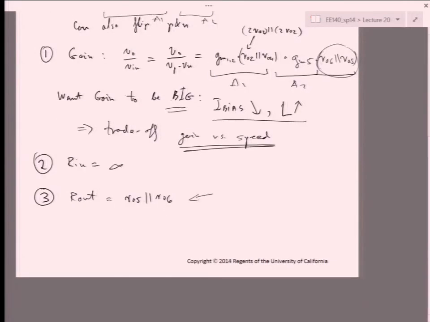Notice that having RO5 in parallel with RO6, that's a pretty reasonably high output resistance. So it's okay because we're driving on-chip caps, right? If I was driving directly the output of a discrete op-amp component with this much resistance, it would be very hard for you to attach any capacitance and really do anything.